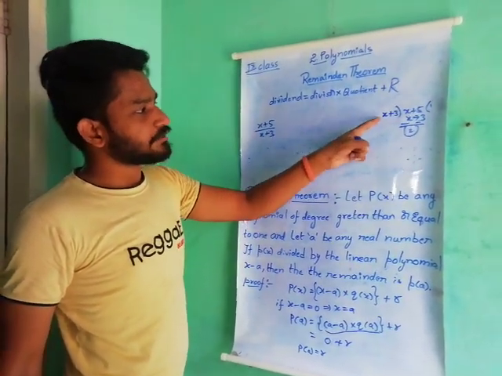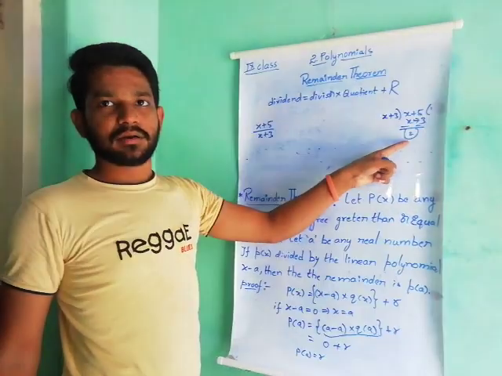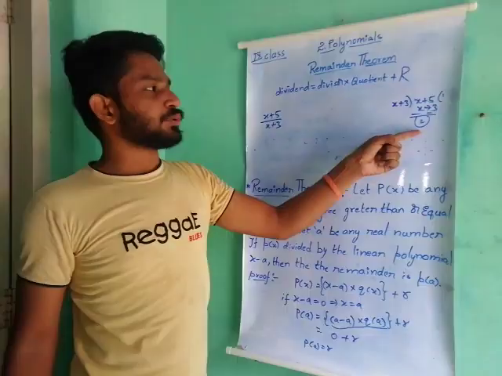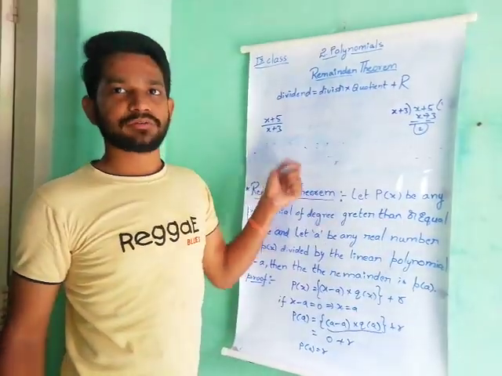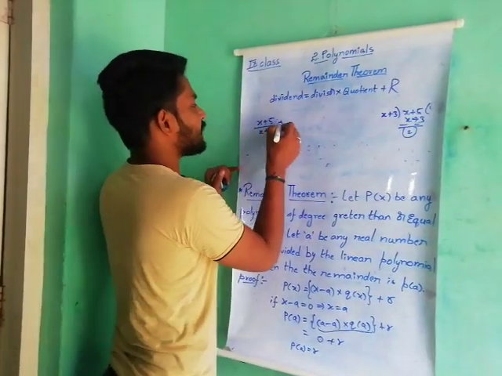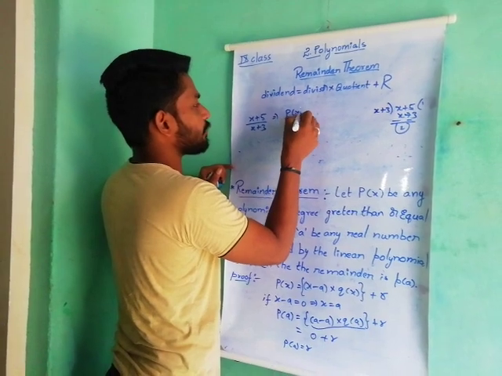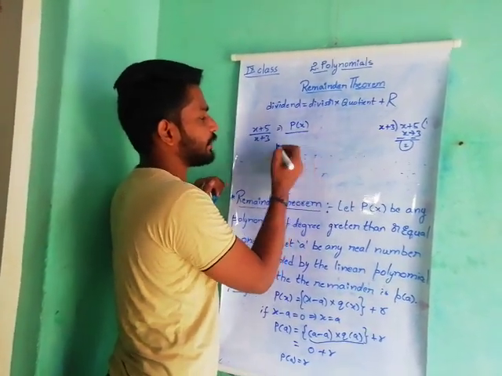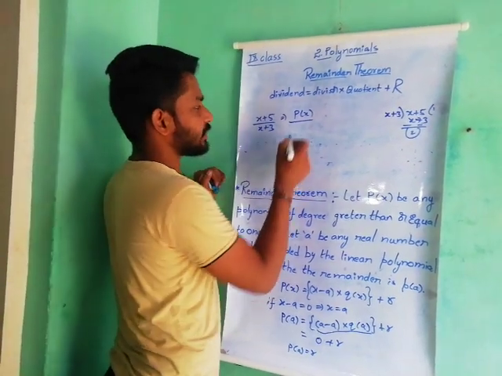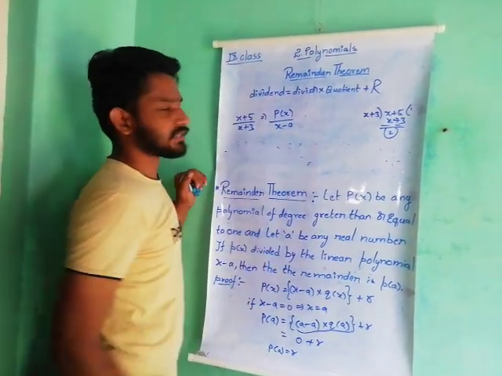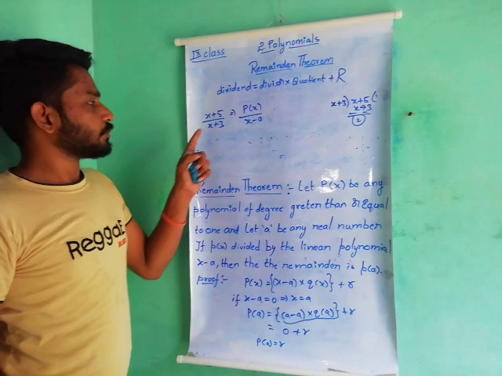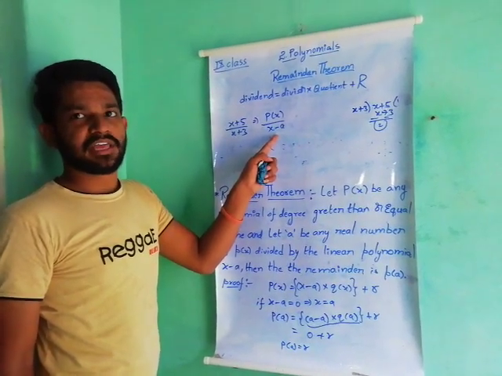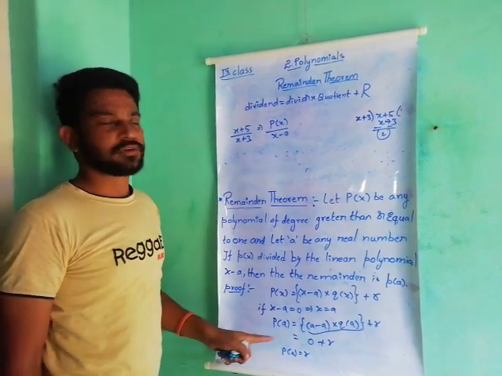By using long division we got 2 as the remainder. So by using the remainder theorem, is 2 the remainder or not, we just have to check. Here the numerator looks like P of x, yes or no? Our P of x is x plus 5. And the denominator in the remainder theorem is in the format of x minus a, yes or no? What do we have to do to find the a value? Divisor is equal to 0.